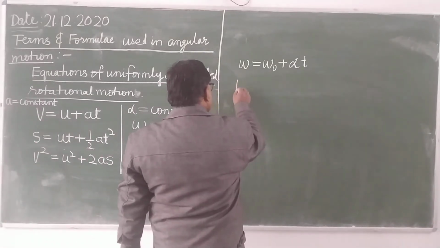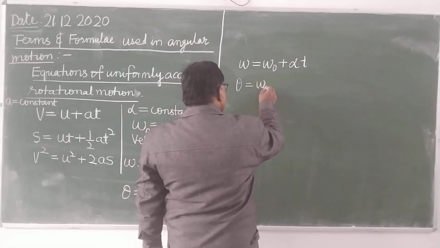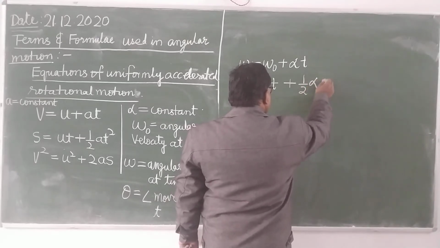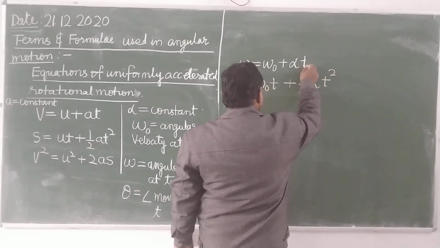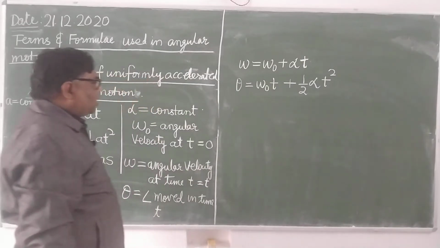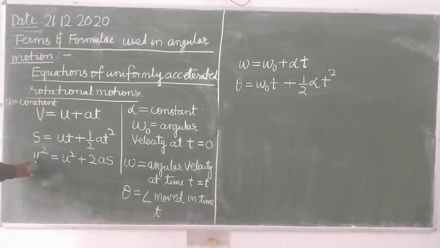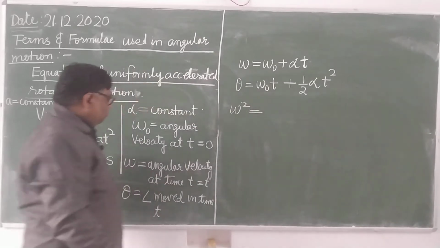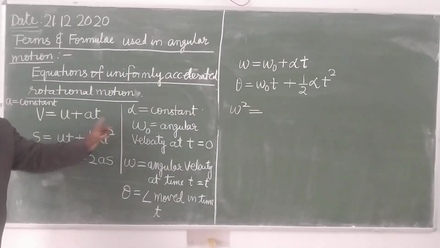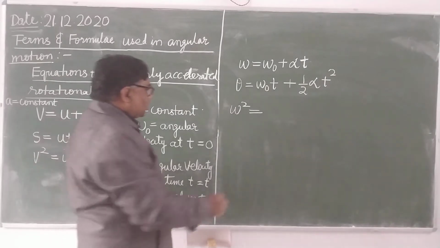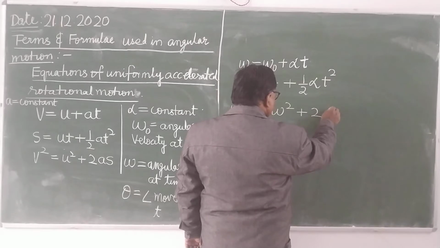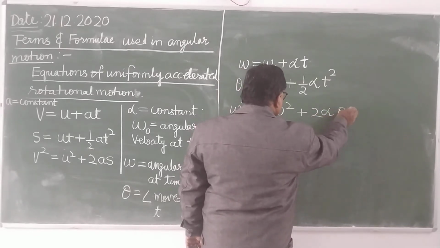Is it clear? Then the third equation: in place of v, the final velocity omega, omega square equals omega naught square plus 2 alpha theta.